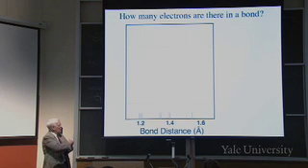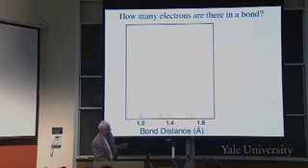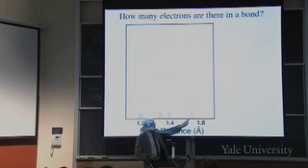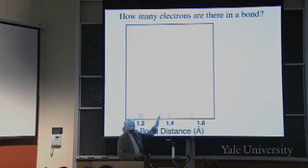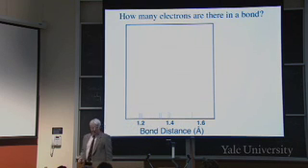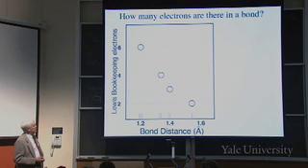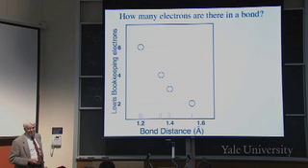Now, what would you expect this to be? If you were Lewis, how many electrons would you have in a single bond? 2. Double bond? 4. Triple? 6. Okay, and 1.5 would be 3. So there's what you would expect for the plot if Lewis was right: 2, 4, 6.